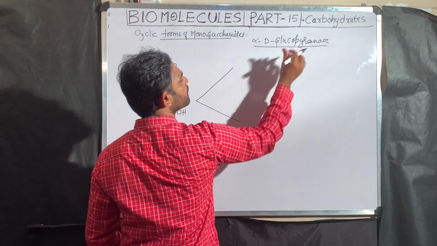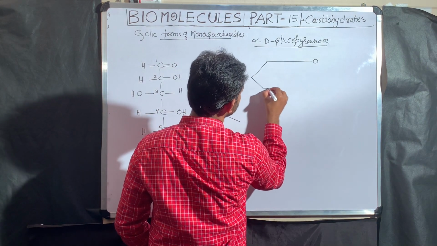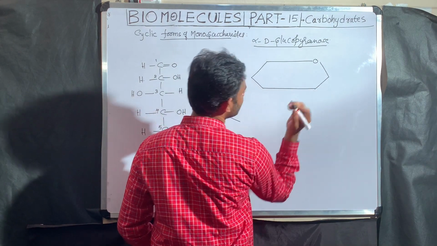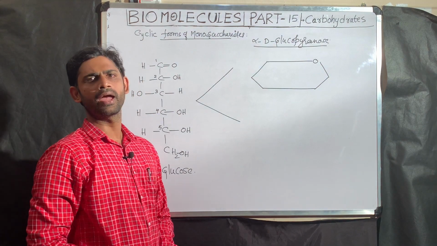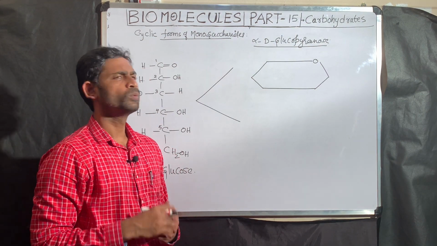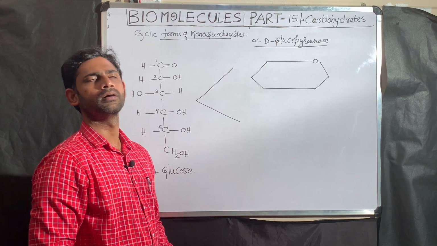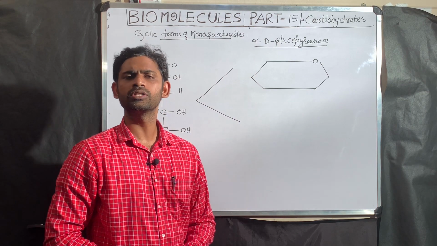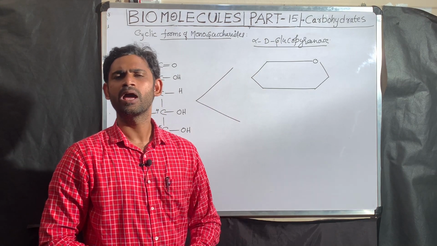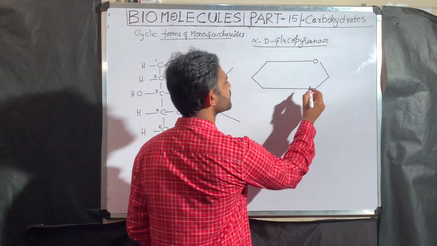First we have to draw the pyranose structure like this. You should practice these structures to understand polysaccharides. After drawing, we have to give the numbering. Always remember, we have to start the ring numbering with the functional carbon. Glucose belongs to the aldose sugars. In an aldose sugar, where is the functional carbon? That is the first carbon.